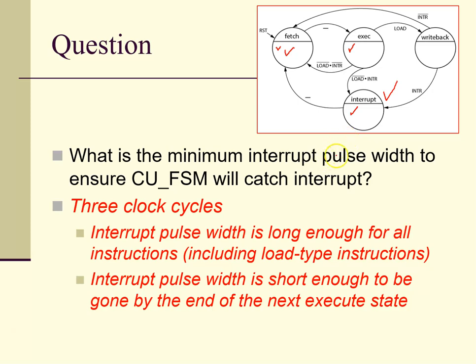So essentially 3 clock cycles is kind of ideal, because it guarantees the interrupt will always be caught for any instruction, and even with non-load instructions, the interrupt is going to be gone by the time the end of the next execute cycle appears. So 3 clock cycles is optimal.